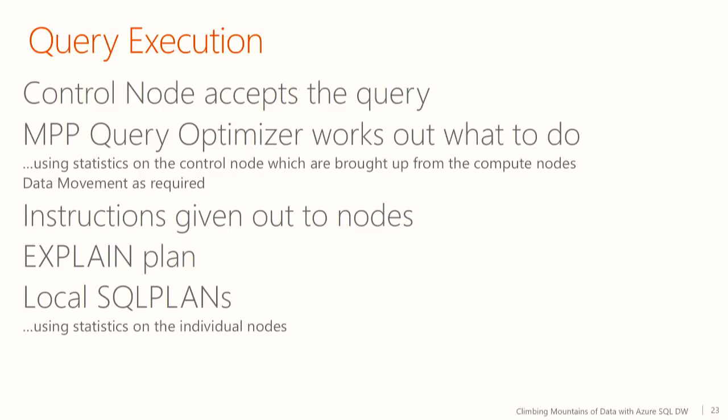So you submit the query. Management Studio sees it just as a regular query. It sends it to the control node. The control node says, well, how am I going to do that? Remember, the control node doesn't have data. It has metadata. It needs to be able to say, right, you've asked for this query, but this table that you're referring to is not one table.